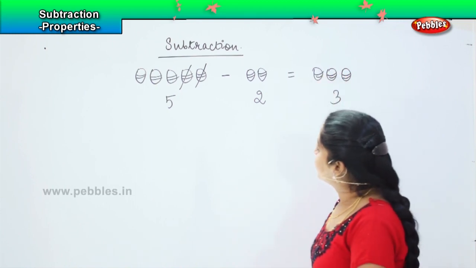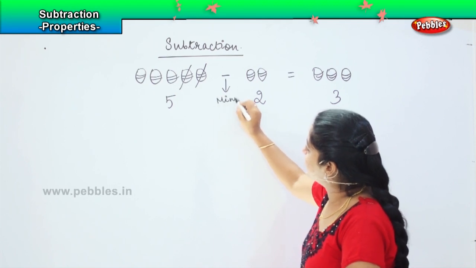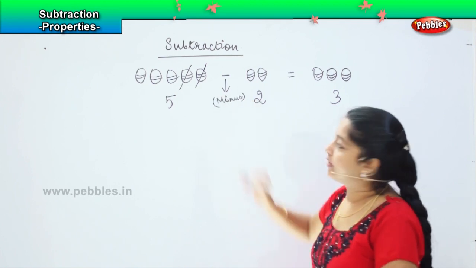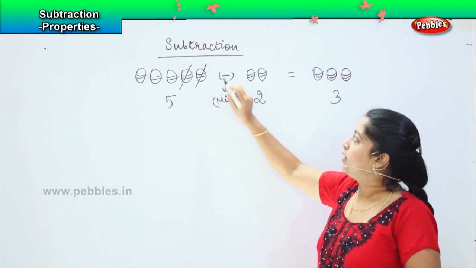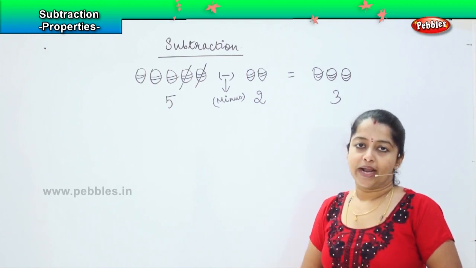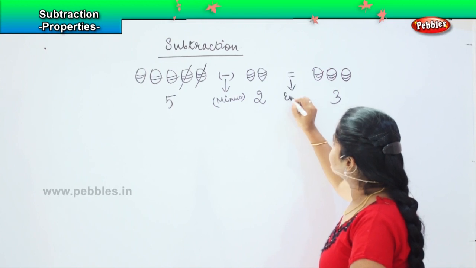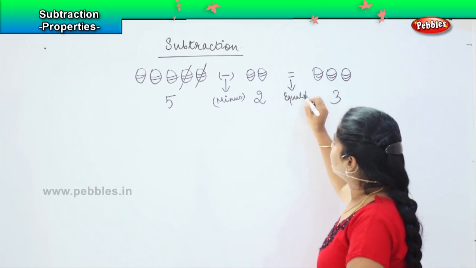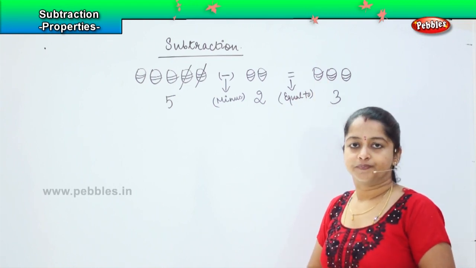Yes. So in this case, this is called my minus symbol. So whenever we do a subtraction, whenever you see this symbol, you have to keep in mind that we are going to subtract now. Okay. And this, as I said earlier, is my equal to symbol, which means that this will deliver me the answer.